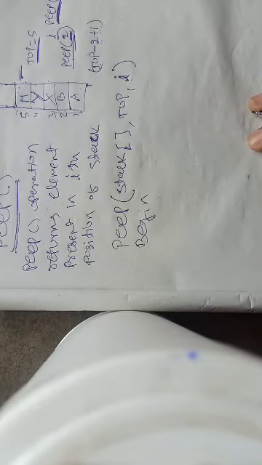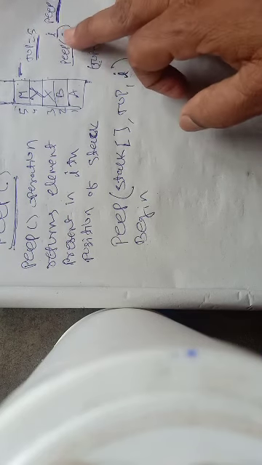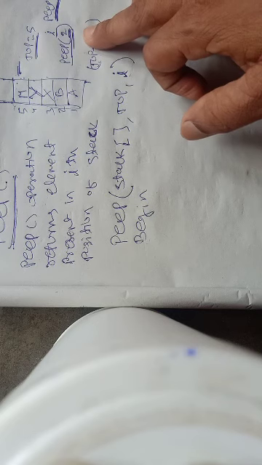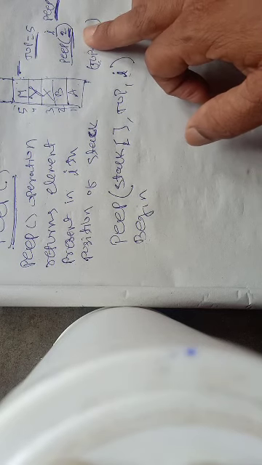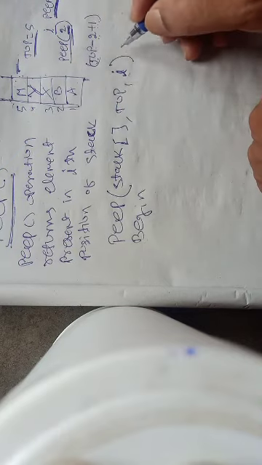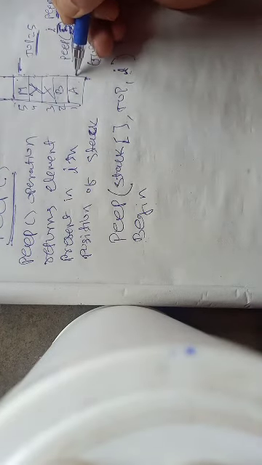Or you can say, if top minus i is less than 0, then my peep operation cannot be conducted, because at most I can peep up to the 5th position. This is the first position that I can peep, this is the second position, the third, then the fourth, then the fifth. So if the position value is 5 and top is also 5, 5 minus 5 is 0.